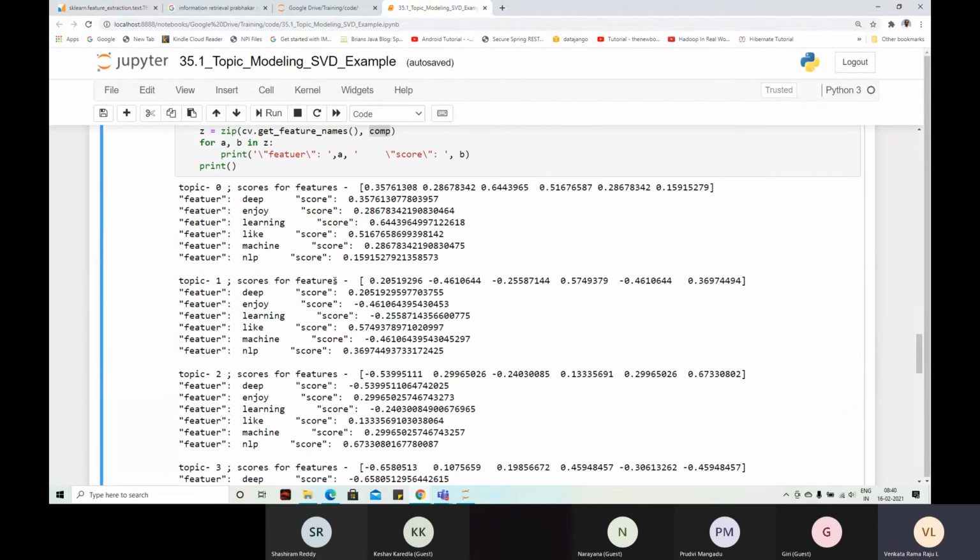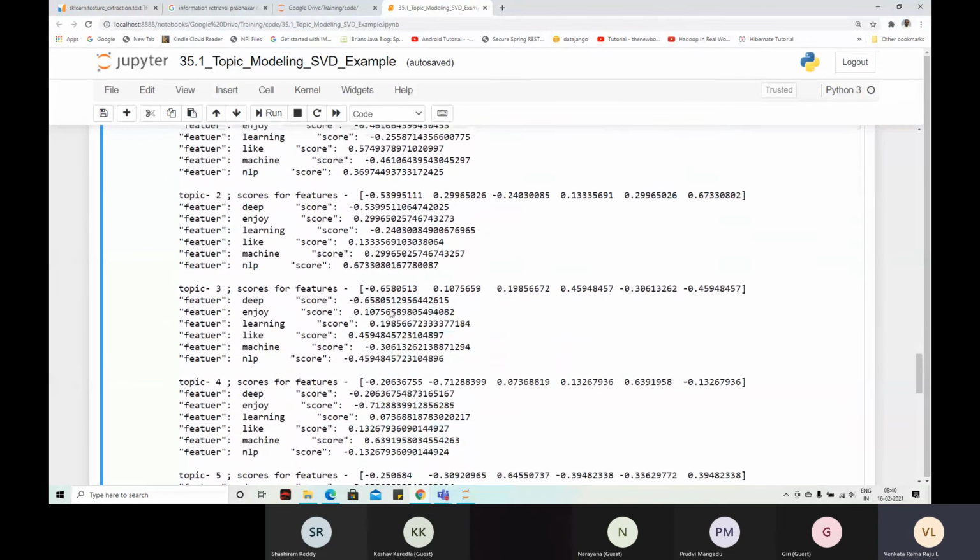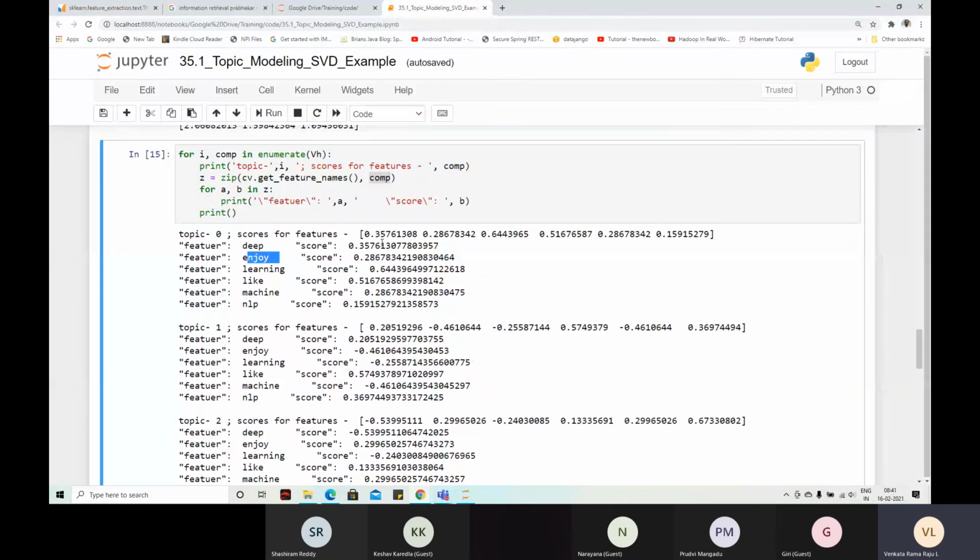Here the documents are very few, so the score for each of these words is kind of distractive. But if you take a huge volume of data, for each of these words you will get a different score. Learning is the highest score one. That means the set of 3 documents are talking about learning.